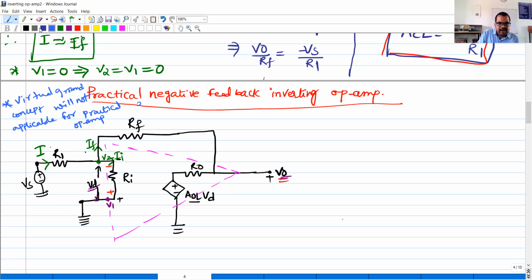So in this case, we are going to calculate three things. First one is the closed loop voltage gain.